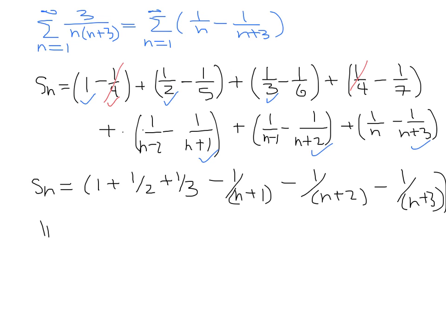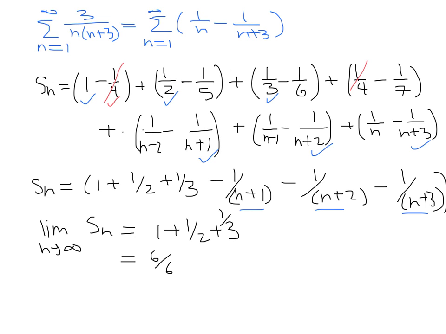And now if we find the limit as n goes to infinity of s sub n, we'll get 1 plus a half plus a third, because all of those terms go to 0 as n goes to infinity. And a half plus 1 plus 1/3 will be 6 over 6 plus 3 over 6 plus 2 over 6, which is 11/6.